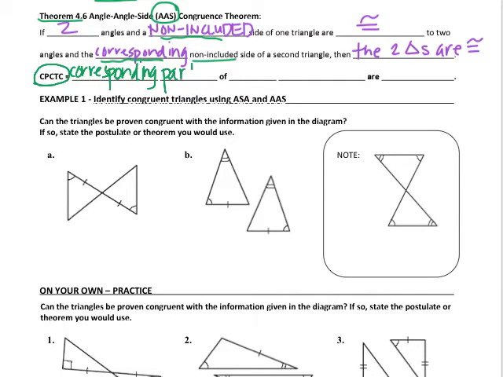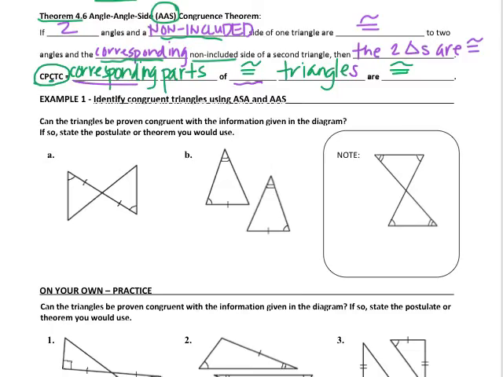Parts, that's what the P is, of congruent, that's the C, the second C, triangles are congruent. Okay, so corresponding parts of congruent triangles are congruent. And we're going to be using that in our flow proofs and in lots of proofs that we do in the future. So we're going to really want to know what CPCTC means and what it stands for.